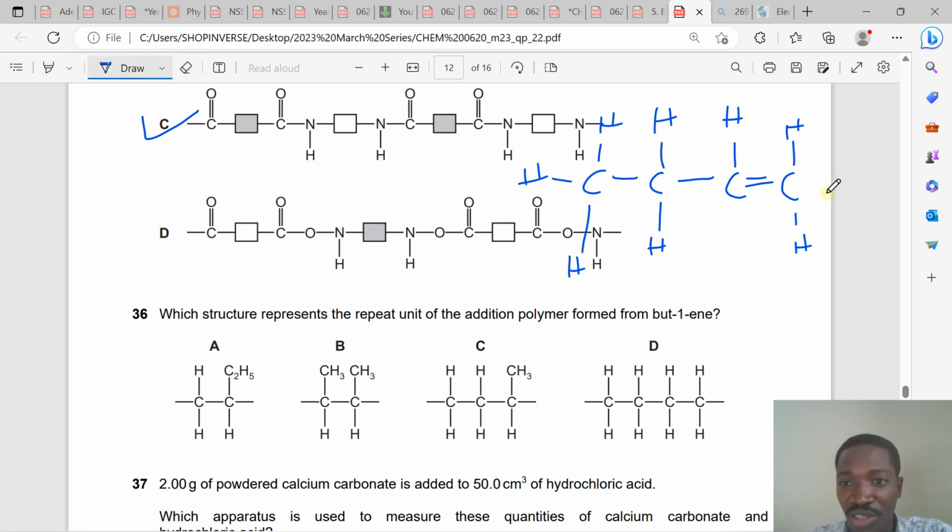Now during the addition reaction, this double bond here will break, and it will exist as a single bond here, and there will be room for others to come in. There will be room for more here, and room for more here.